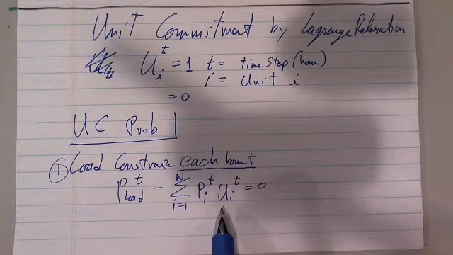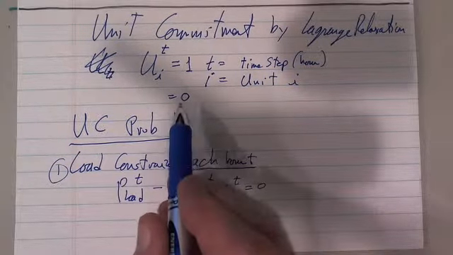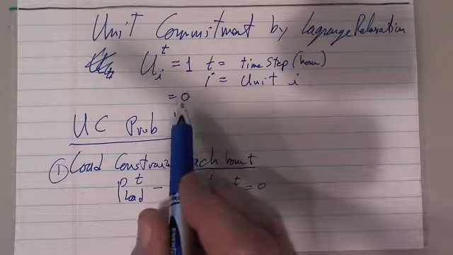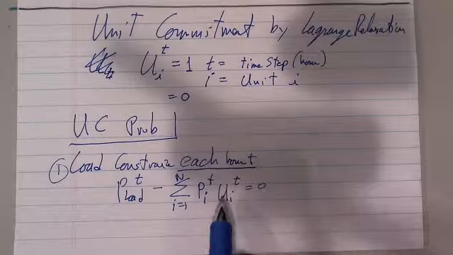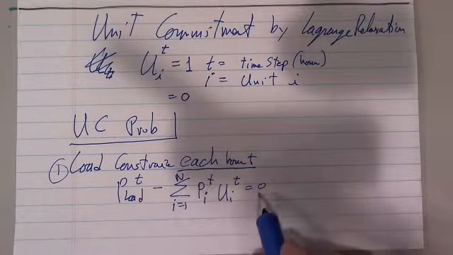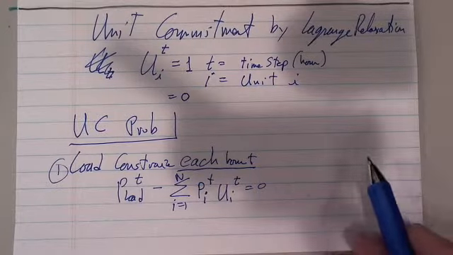Now, if all the units are off, meaning they're offline, not connected, not synchronized, not supplying power, then this constraint is not going to equal 0. It's going to have a positive number on the left-hand side.